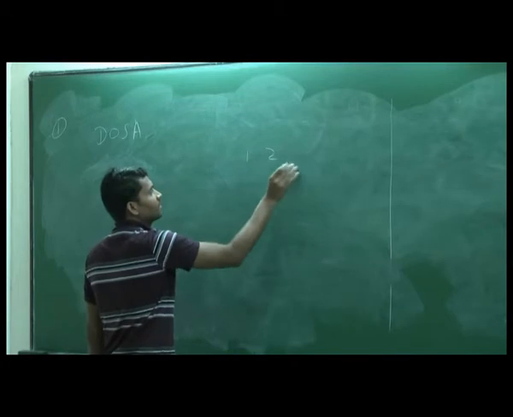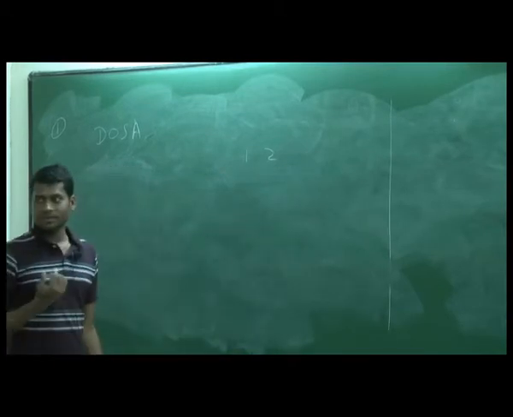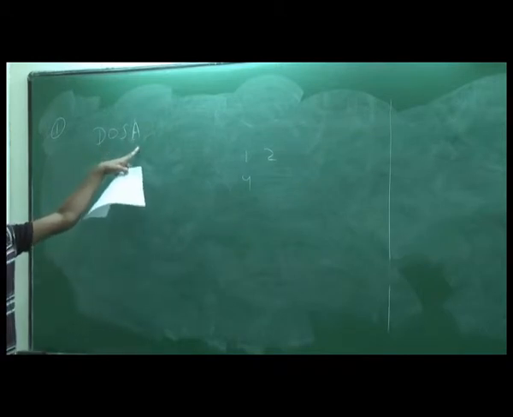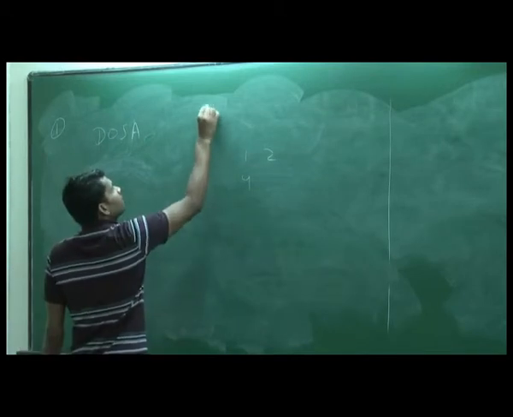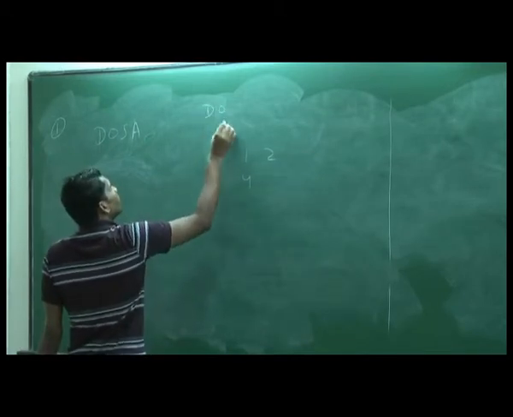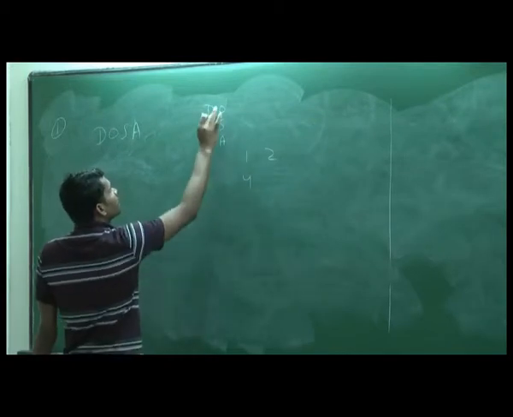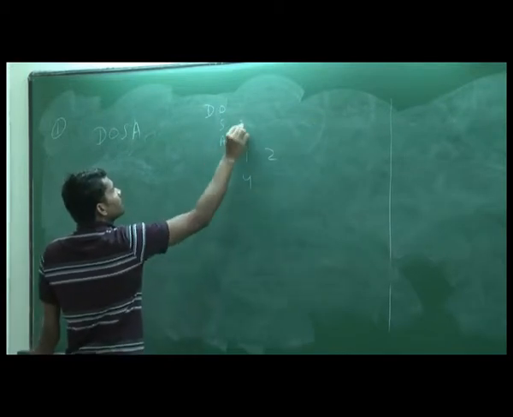If we make 2 letter words, 12. So the first one has how many options? 4, because in total we can choose D, O, S or A. There are 4 options. Like D, then we can choose O, S, A, so this is 3 types.